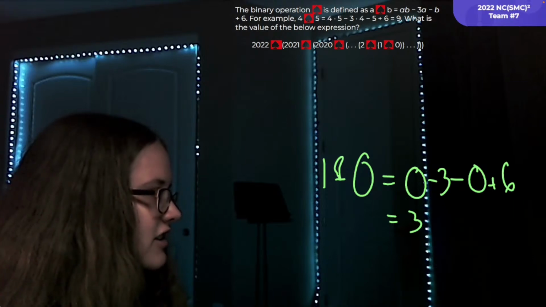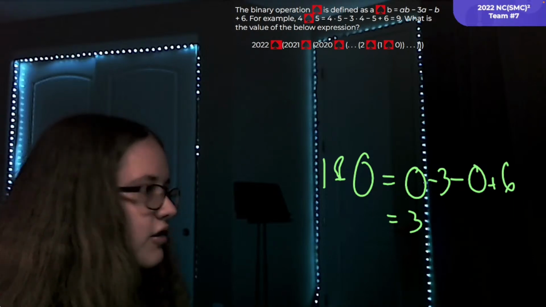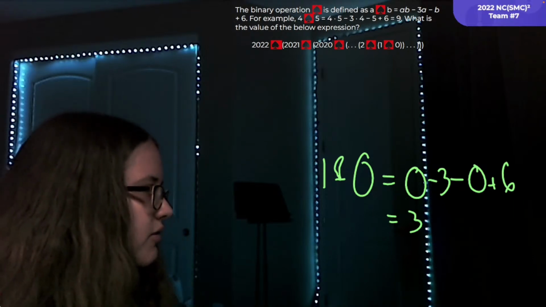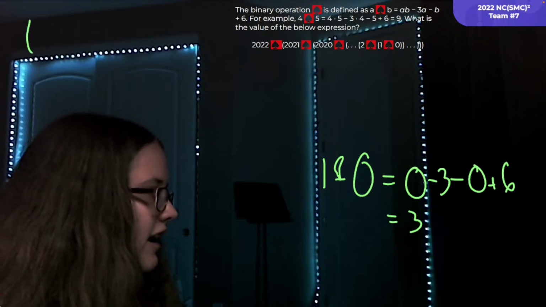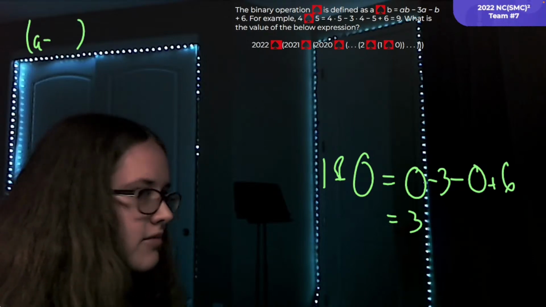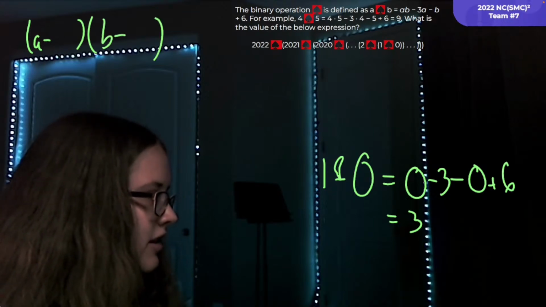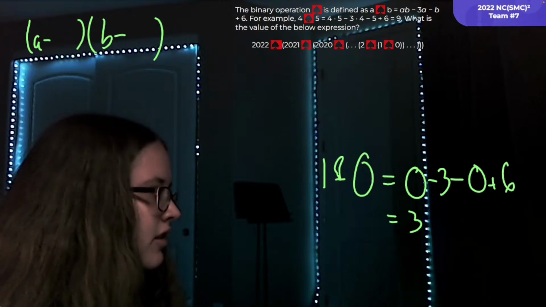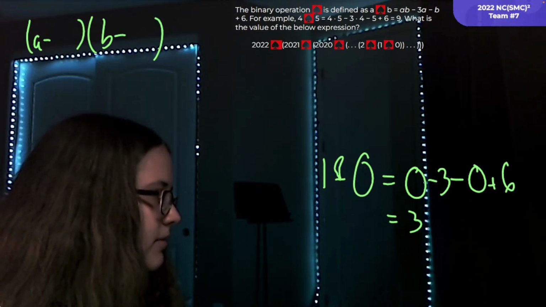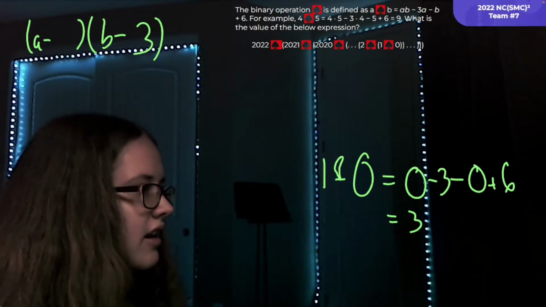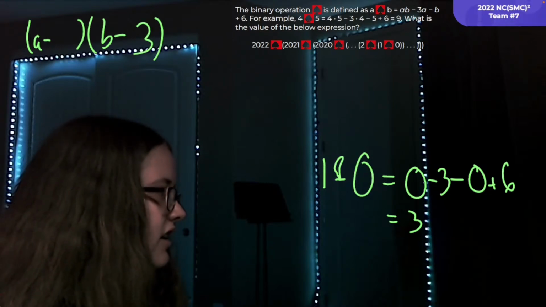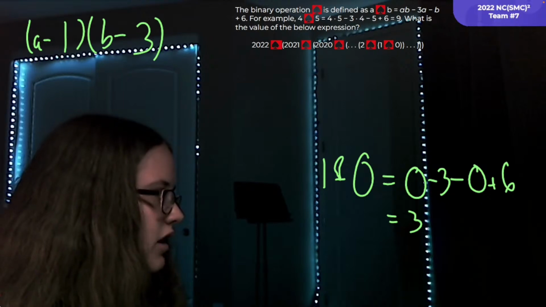Can I factor this? Well, it looks like I would be looking for the form a minus something, b minus something, then probably plus or minus something. So we have negative 3a, so that's b minus 3, and negative b, so a minus 1.